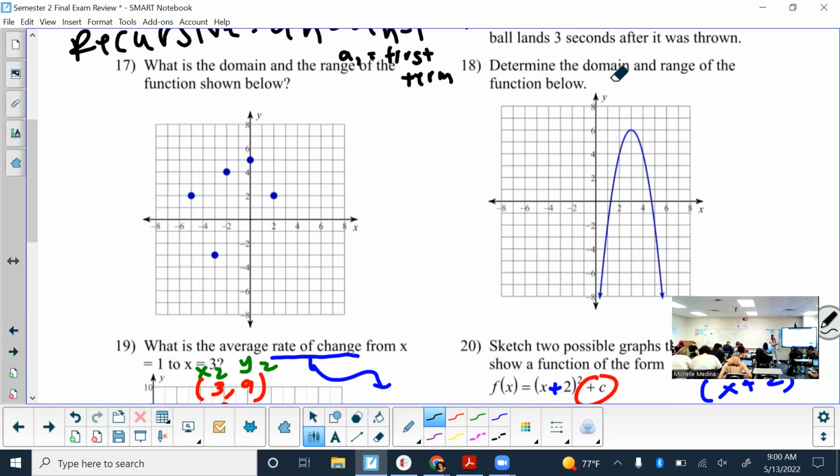So the domain for parabolas is always what? Let's take it back for a second. What does the domain always tell you about? The x's. What does the range always tell you about? And what's an easy way to remember that?